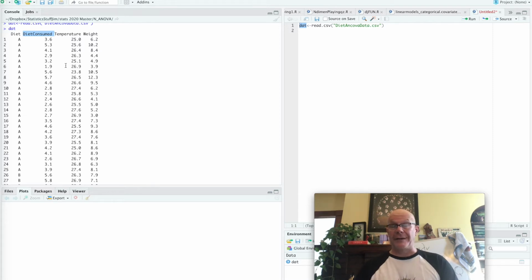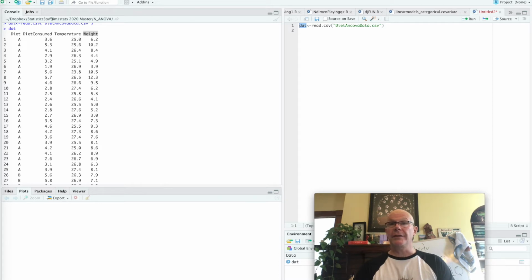Likewise, with diet consumed, one diet might taste really good, so the caterpillar is an extra hungry caterpillar and feeding that much more, which would result in it gaining weight. For our purposes here, we're also going to imagine that for each experimental arena where we were rearing these caterpillars, we had some measure of the temperature within that arena. Caterpillars are ectothermic animals, so the outside air temperature would affect their physiological rates, which might also affect how much weight they gain. So we have these data, and ultimately we're interested in predicting weight.